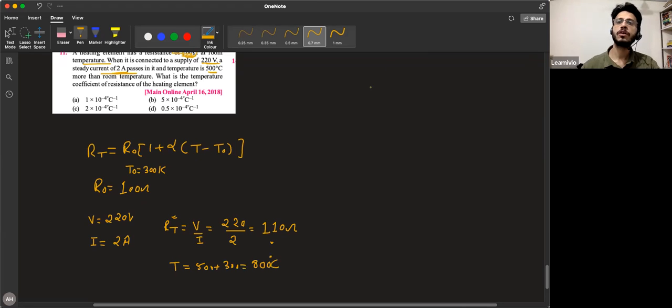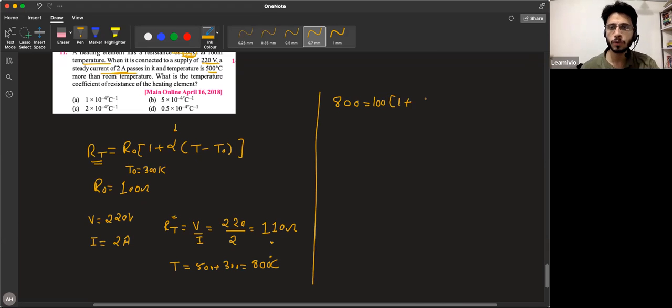Now if I substitute all values here, RT is 110, R naught is 100, 1 plus alpha. Alpha you are supposed to calculate. T minus T naught is 800 minus 300, that's 500.